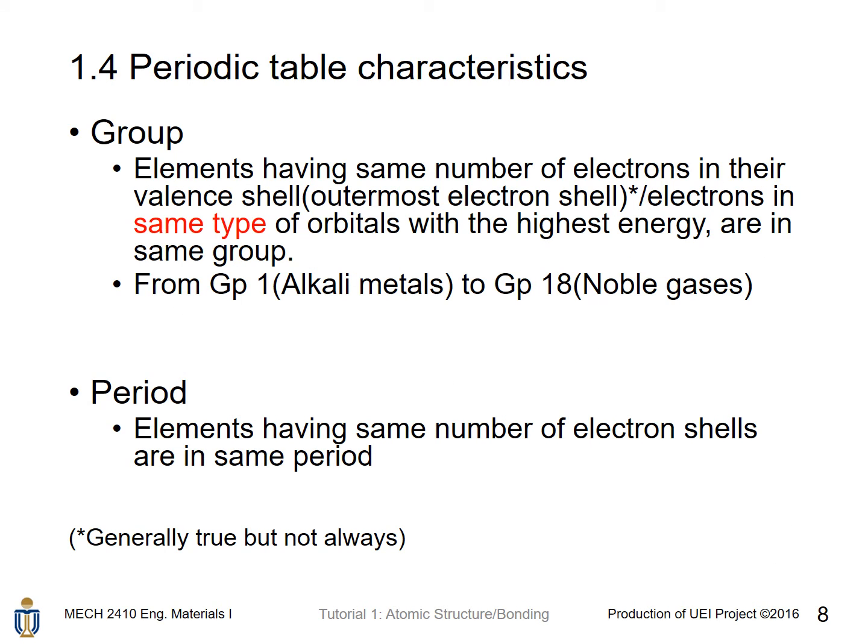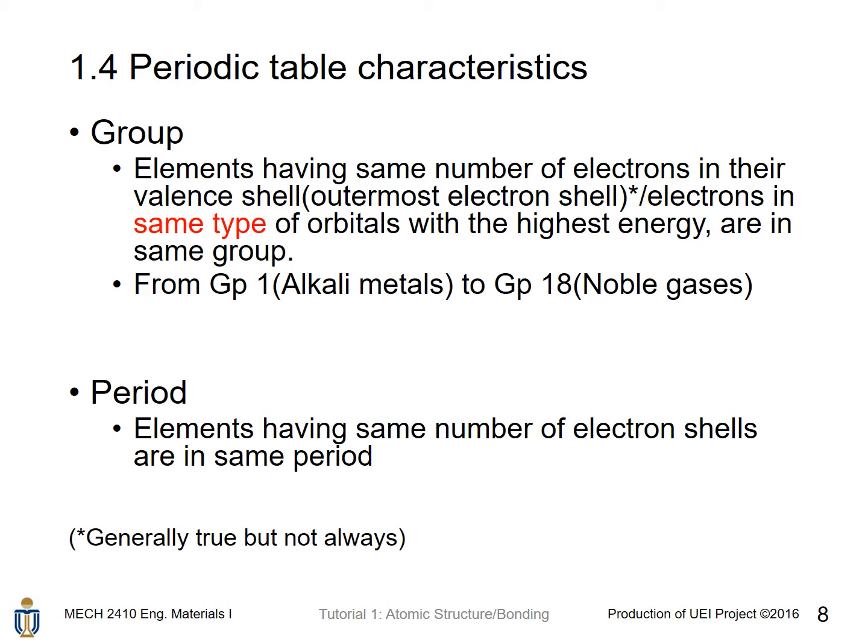Group actually has a chemical definition: elements having the same number of electrons in their valence shell, the outermost electron shell, and electrons in the same type of orbitals with the highest energy are in the same group.